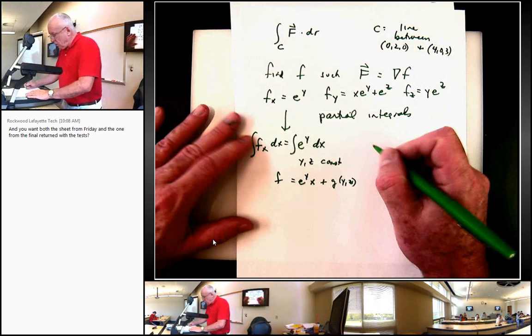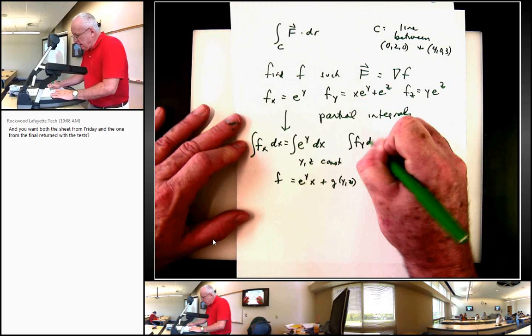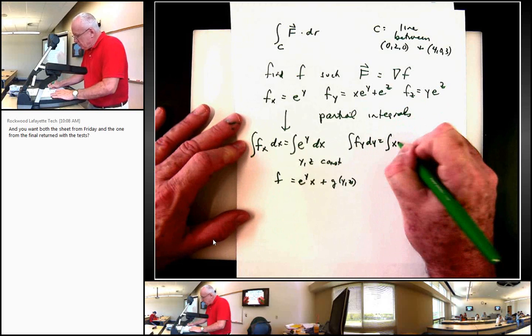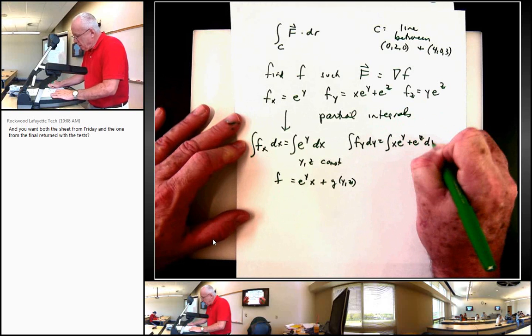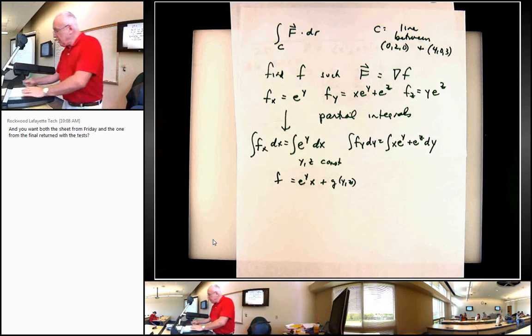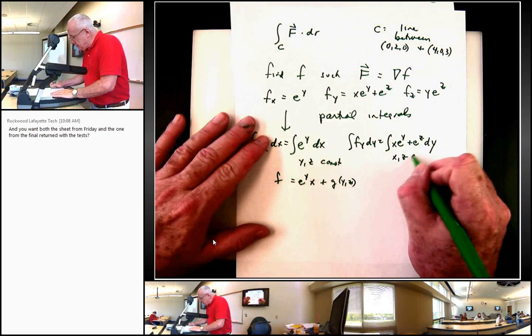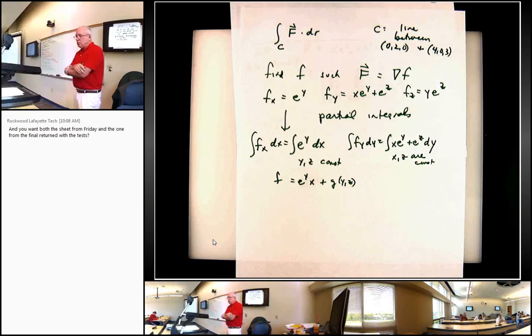But we have to do all three. So now we do the middle one with respect to y. So we take the antiderivative of x e to the y plus e to the z with respect to y. Now x and z are constant for this one. So the first one's going to be what?